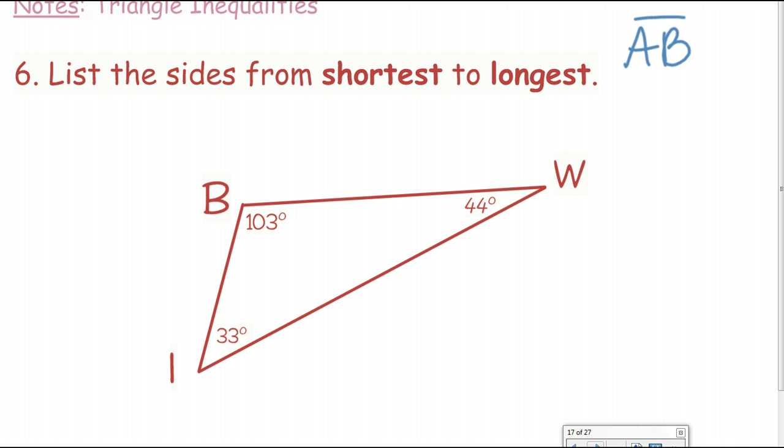Which side is the shortest? BW. Write it exactly like me. You find the smallest angle and you point an arrow away from the smallest angle.